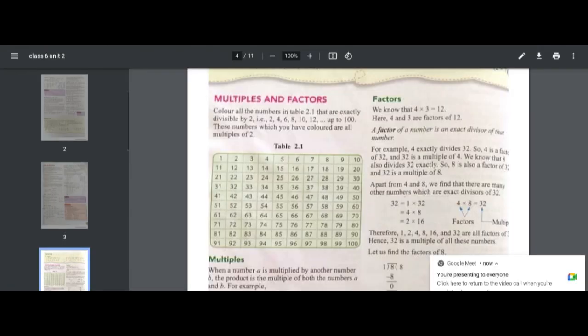Okay, now just have a look at the book. These numbers which you have colored are all the multiples of 2. Now you just have to color them. If you have a light colored pencil, you can use it, or your lead pencil, or you can just circle them. You just have to find the multiples of 2: 2, 4, 6, 8. 2, yes. And after 2 we have 4.